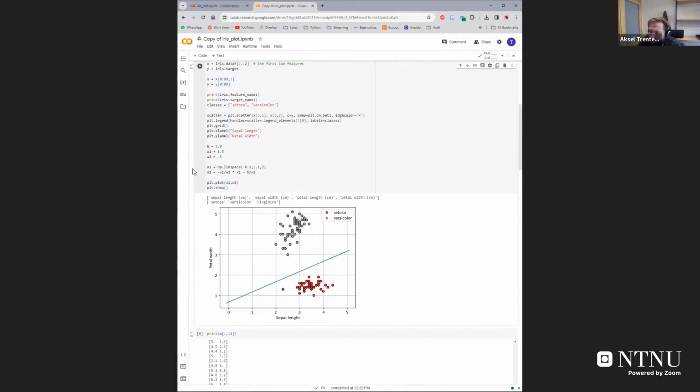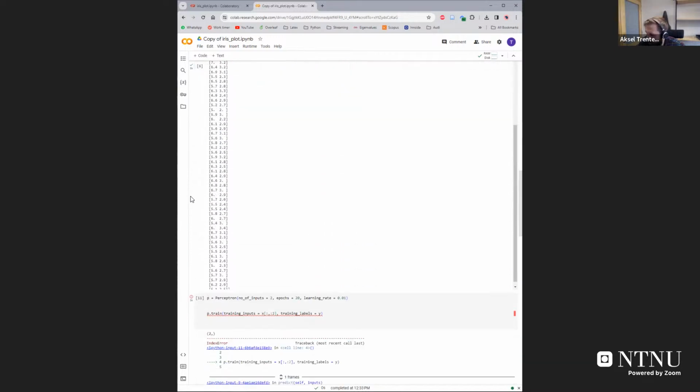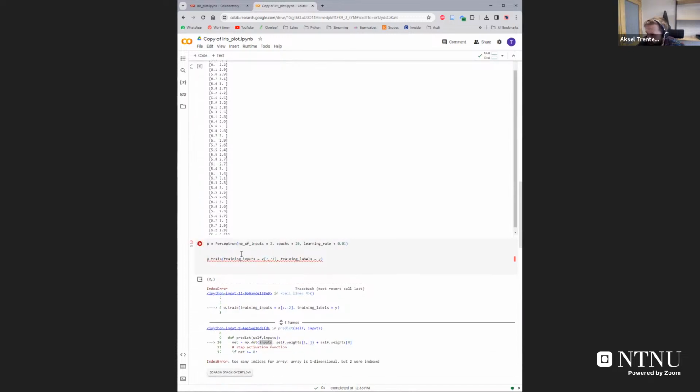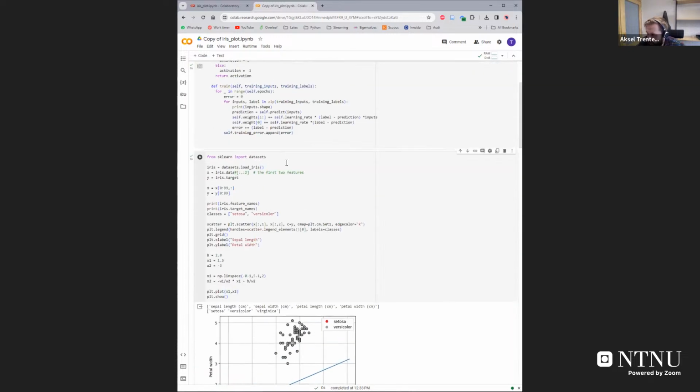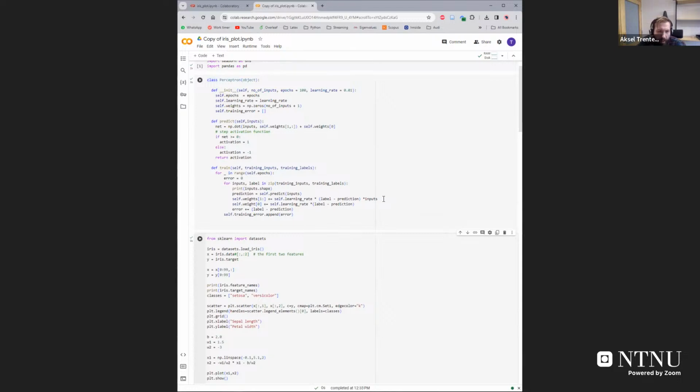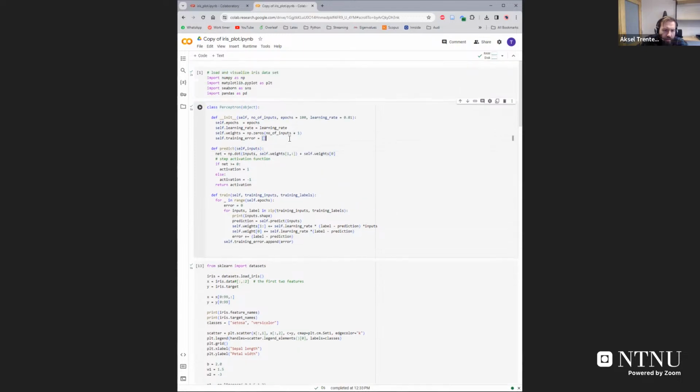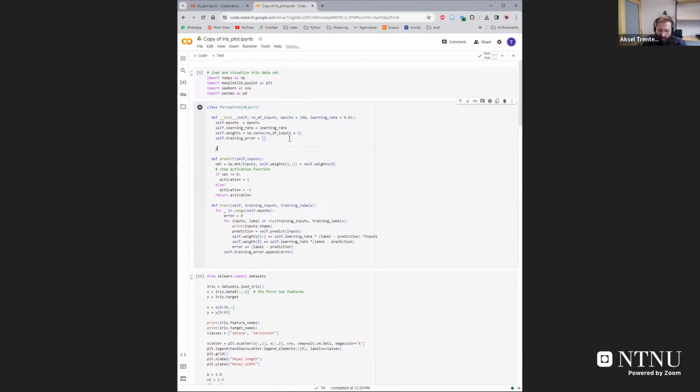It says self.weight 1 in the predict, here in this line. Just weights.